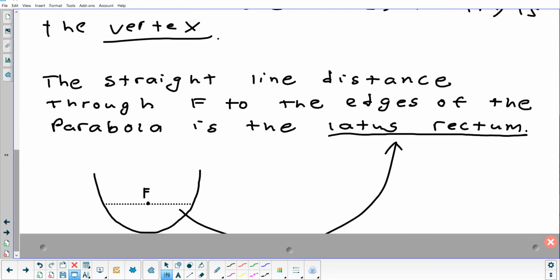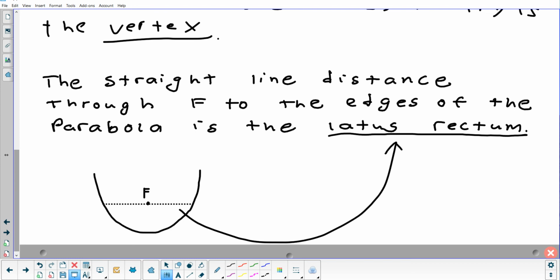And there's one other special distance that they measure across the parabola: the distance through the focus across the width of the parabola. The book calls that the latus rectum distance. I don't know why, this is what they call it.